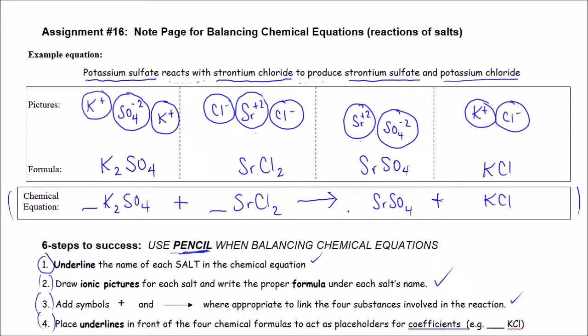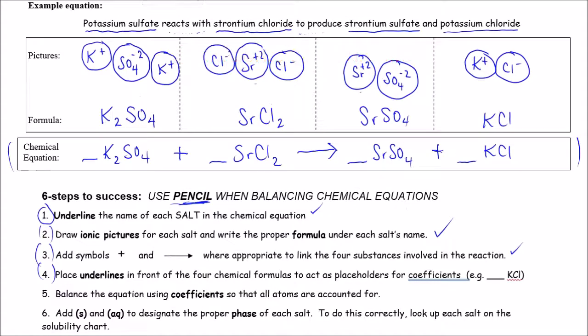Line in front, line in front, line in front. I may need to put numbers in these spaces. That's what coefficients are. All right, so now we're in a situation where we get to do something new. We are going to look at number 5, which says balance the equation.